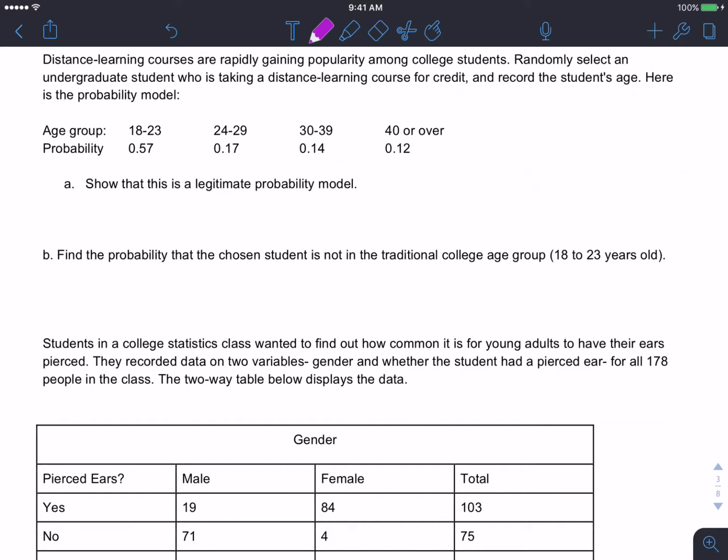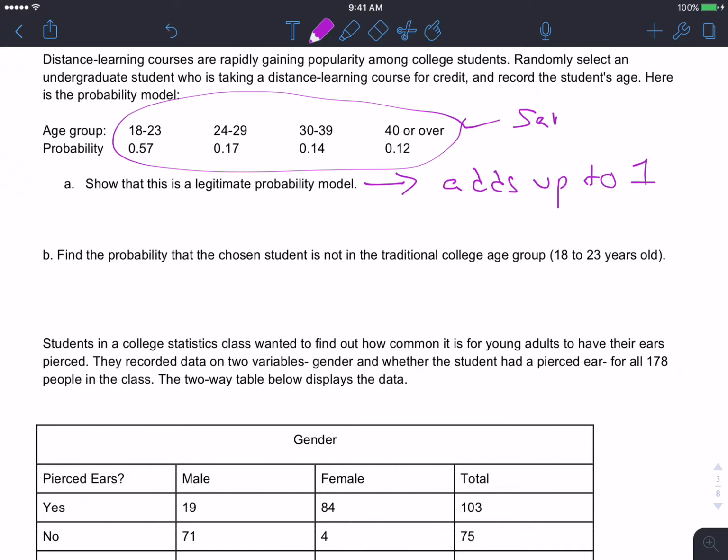The first thing tells us to show that this is a legitimate probability model. Well, a legitimate probability model always adds up to 1 because this is our sample space. And from the previous page we said for our sample space, the probability is always 1.